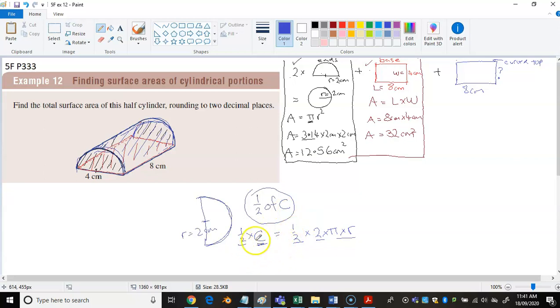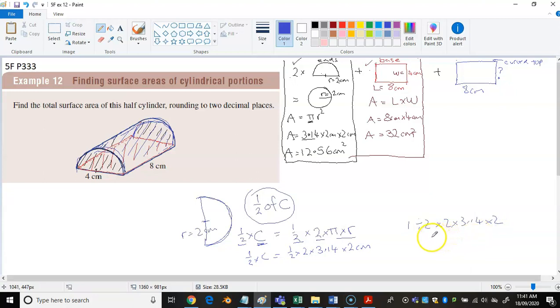All right, but the half of the circumference, in this case, is equal to a half times 2 times 3.14 times 2 centimeters. And, you know, on your calculator, you can either do that as 1 divided by 2 times 3.14 times 2.